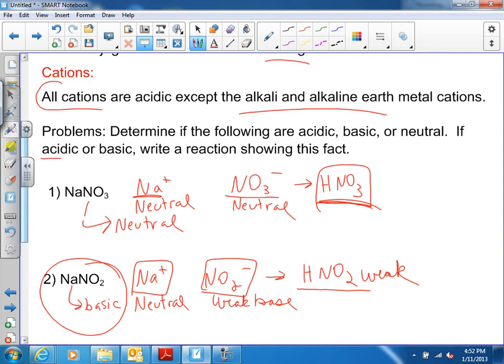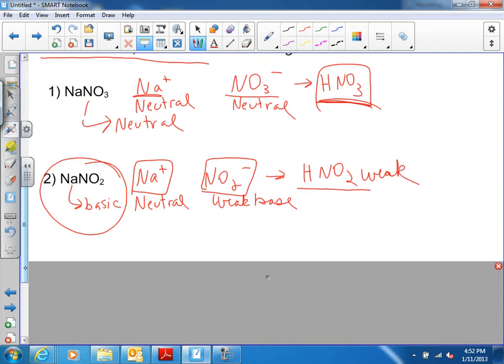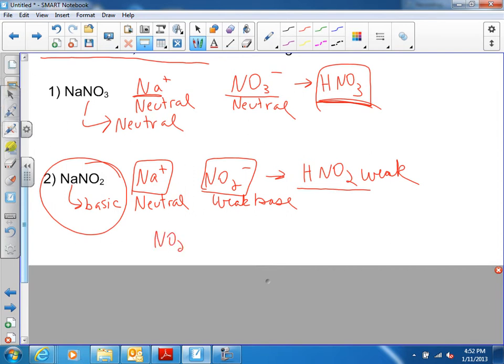And there were some more instructions here. If the salt is acidic or basic, we have to write a reaction showing that fact. Well, the reaction isn't going to involve the sodium because the sodium's neutral. So the reaction will involve the nitrite ion. Basic, we always add water to whatever the acid or the base is.